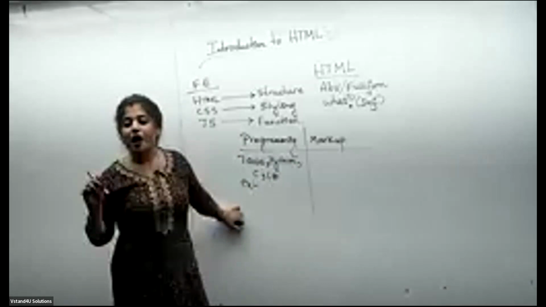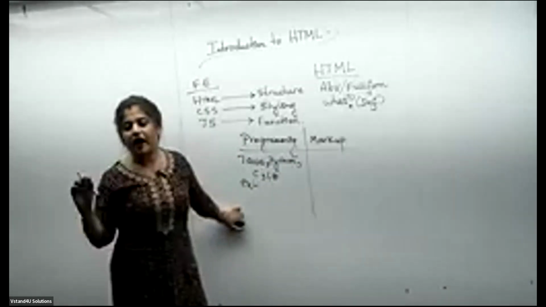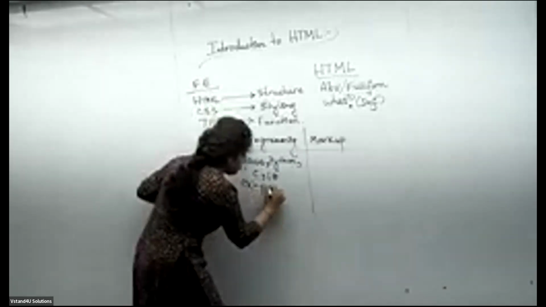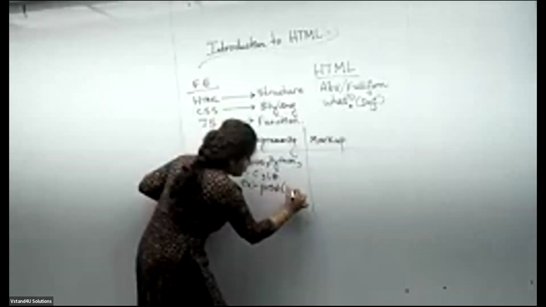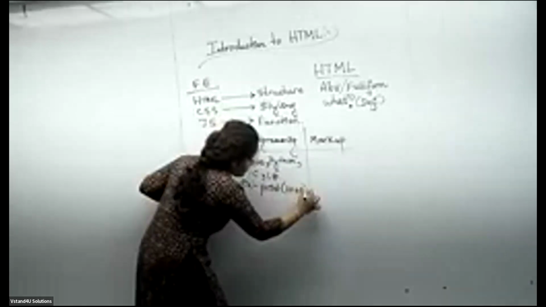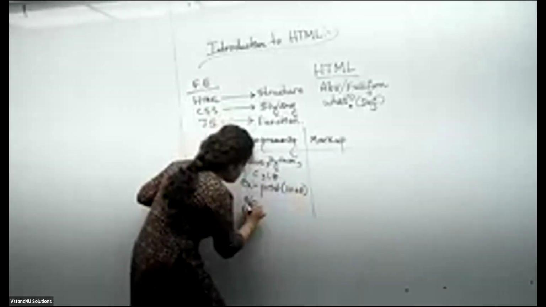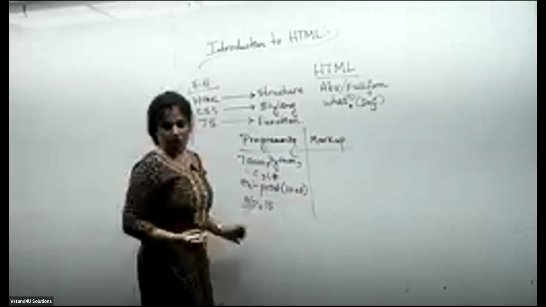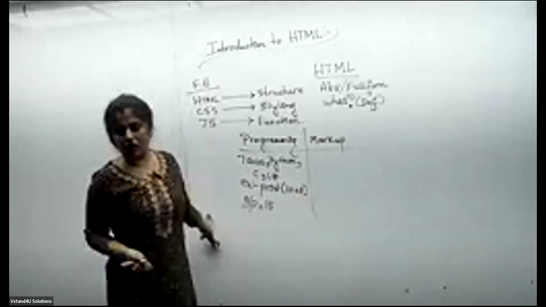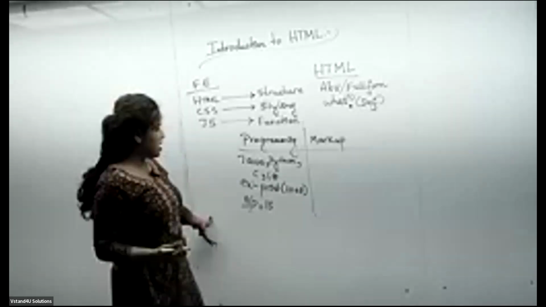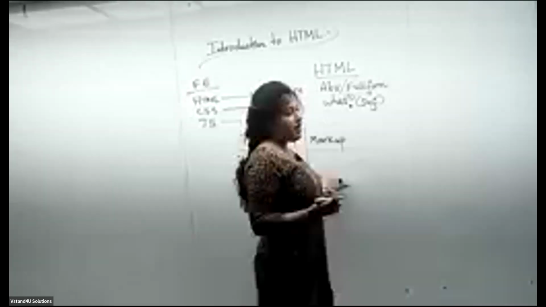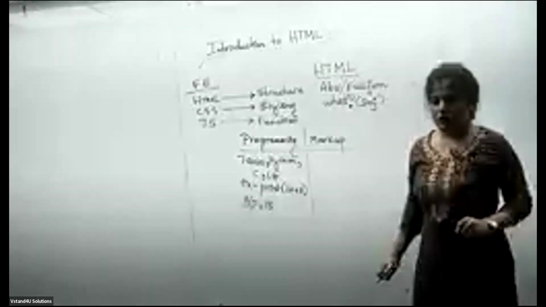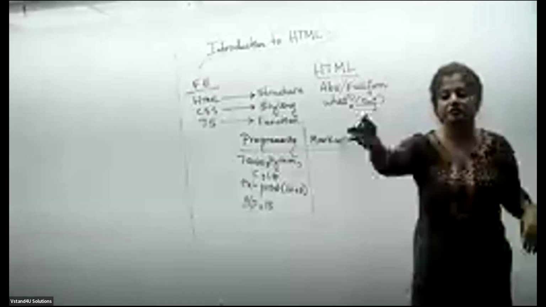So what will be my input? Print 10 plus 5. What output will I get? You will get 15. Did I write something wrong? Then why are you saying no? What is markup language? Hey, give a clap for him.